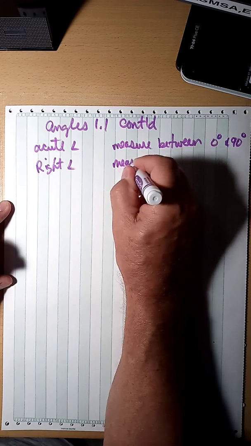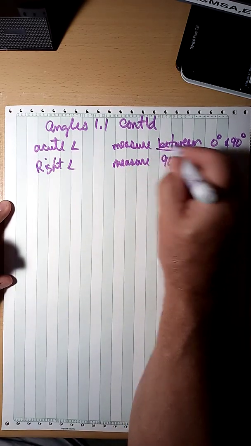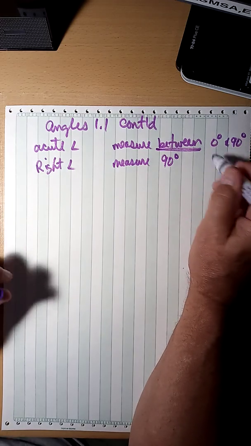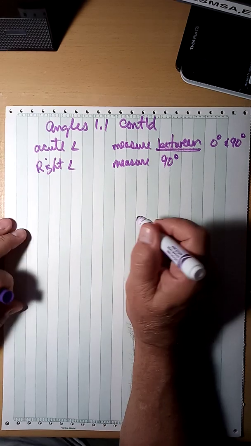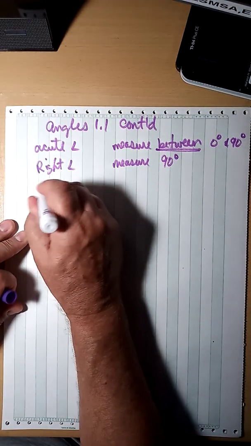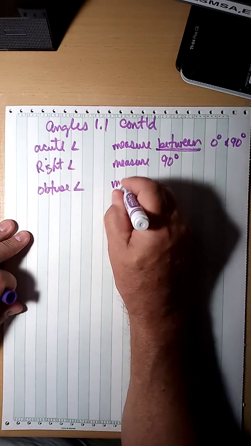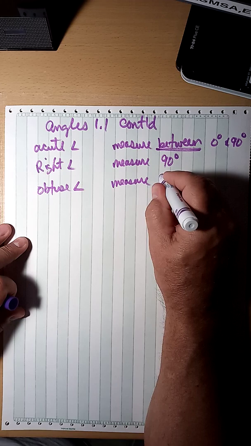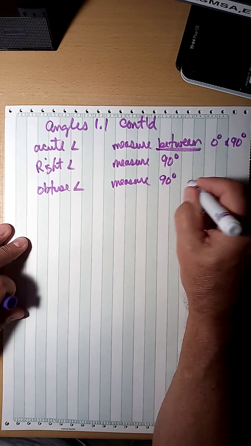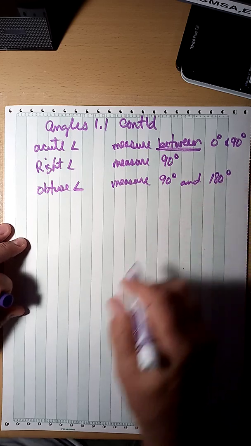That's a measure for an angle of exactly 90 degrees. Now between is between. 0 doesn't work, and 90 degrees doesn't work for an acute angle, either of those. An obtuse angle is when the measure is between 90 degrees and 180 degrees.